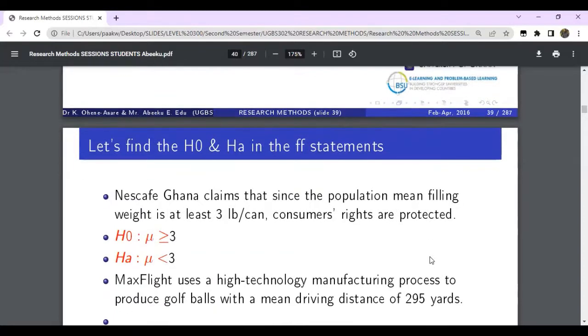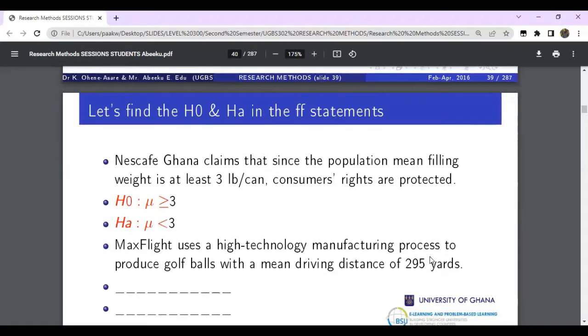Okay. Read the second one. Max Flight uses a high technology manufacturing process to produce golf balls with a mean driving distance of 295 yards. So how will you formulate your null and alternate hypothesis?